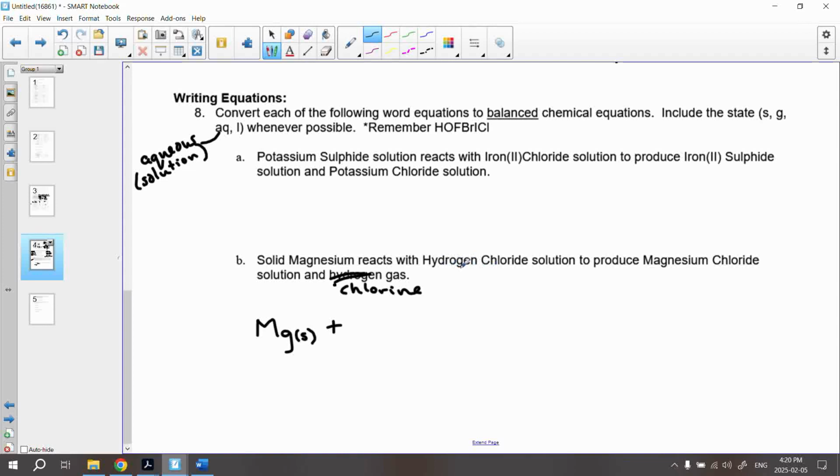Because I'm not seeing any prefixes, there's no mono or di or tri or anything like that, this would be an ionic compound. So if I look up hydrogen on my periodic table, it has a positive 1 charge. Chlorine has a negative 1 charge. So I can write that compound like this, HCl.